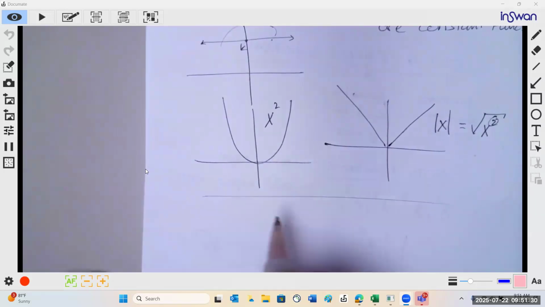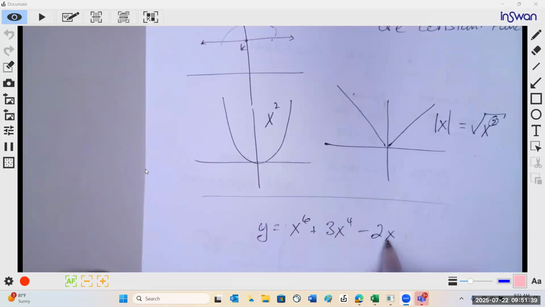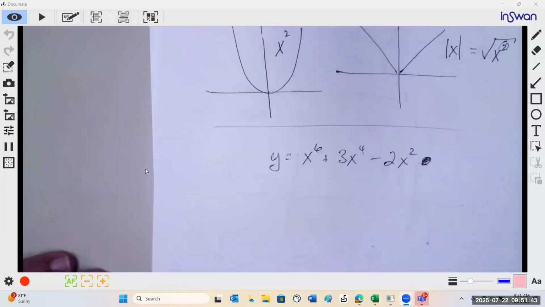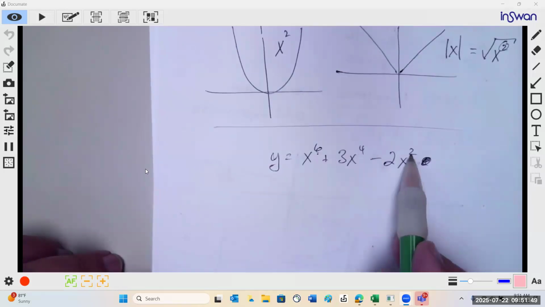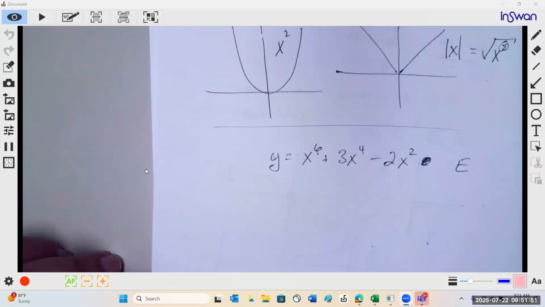So is this an odd or even function or neither? Since all the x's are even, it's an even function.